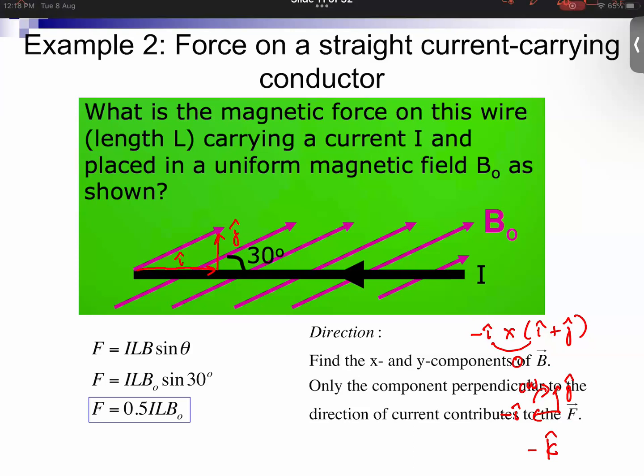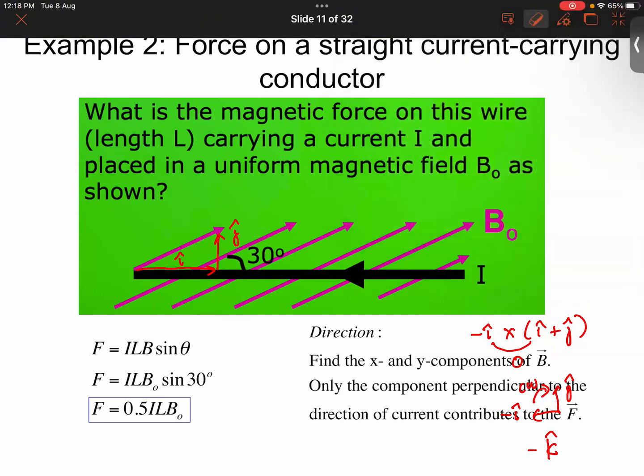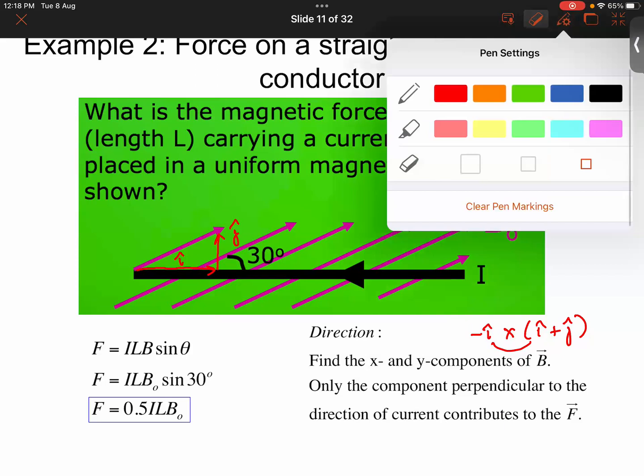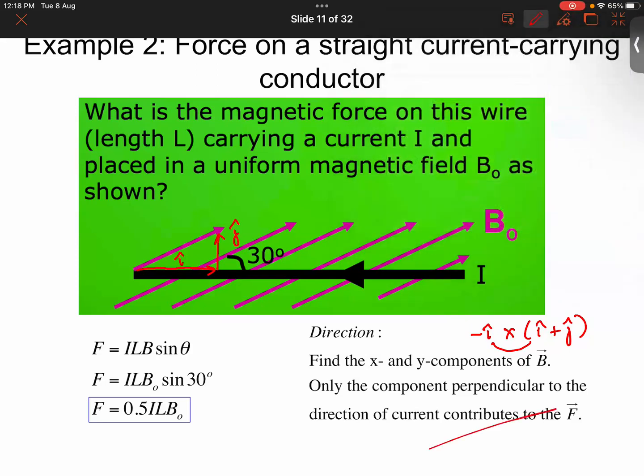And let me just clean this up. And minus k hat is into the page.